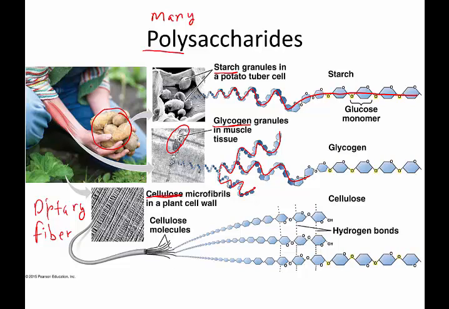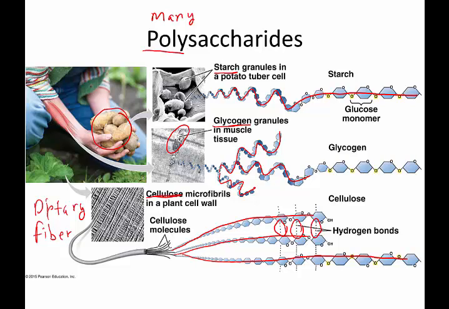And so cellulose is interesting because it's just a single long chain of glucose molecules linked together. What's special about it, though, is that it actually layers on top of itself. So you have layers and layers of cellulose, and you actually have hydrogen bonding in between those layers.